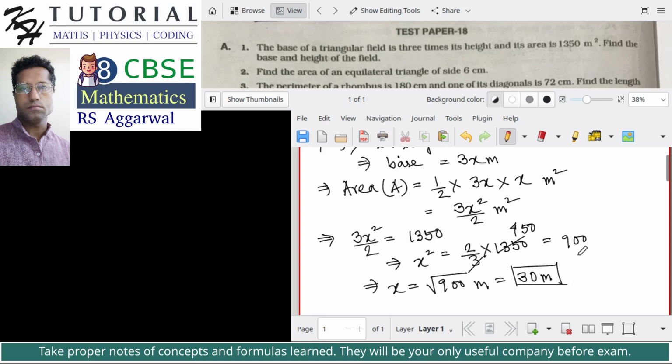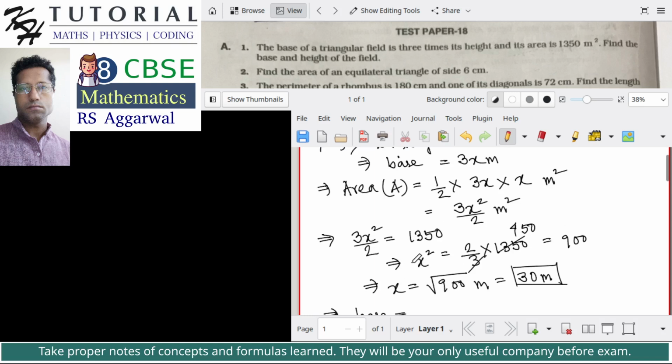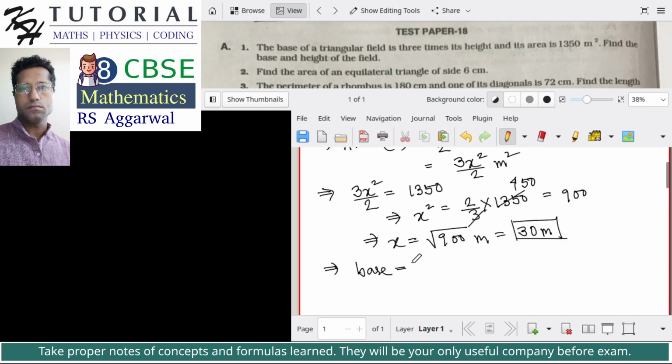So it is asking to find the base and height. So base was 3x meter, that is 3 into 30 meter, which is 90 meter, and height we assumed to be x, which is 30 meter.